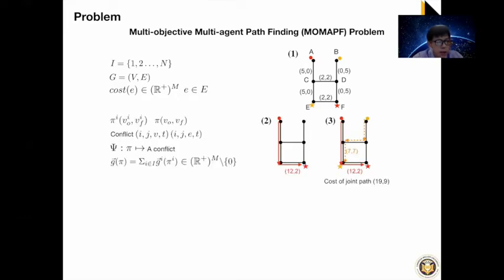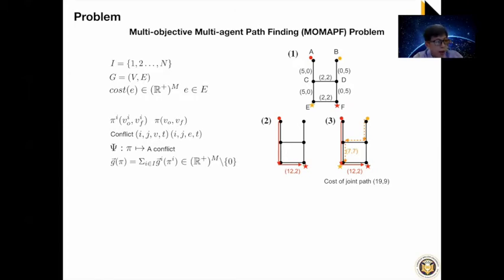Besides, we define an individual path to be a sequence of nodes, and a joint path is a set of individual paths for all agents. It takes an agent one time unit to move from one node to another. A conflict between agents is either a node conflict or an edge conflict.